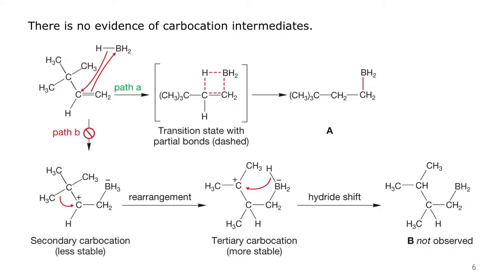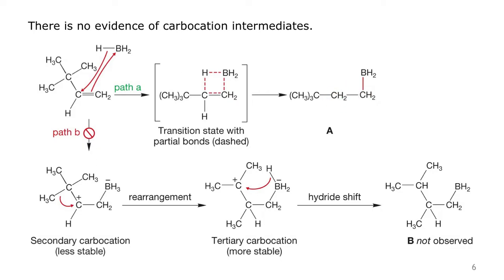So if you take this dimethylbutene and you react it with borane, what do you observe? The answer is you observe exclusively this product A that you see here, where the boron adds to this terminal carbon and the hydrogen adds to the other carbon.